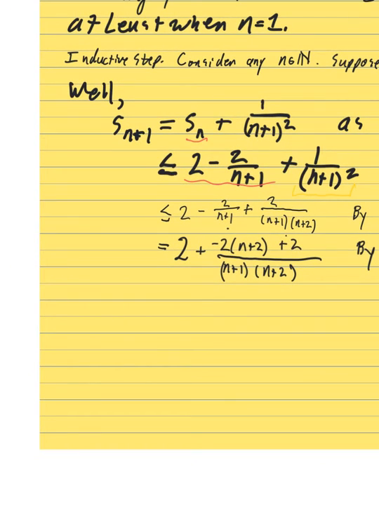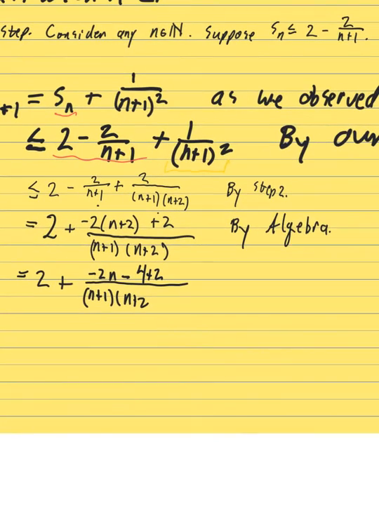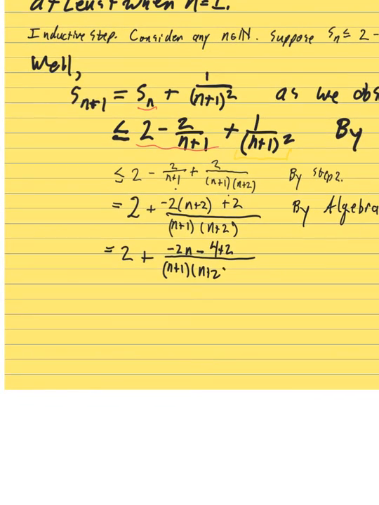All right, well, let's keep on simplifying. That's 2 plus something divided by (n plus 1)(n plus 2): minus 2n minus 2 times 2 is 4, plus 2. Once again, just simplifying more algebra. 2 plus, let's see, negative 4 plus 2 is minus 2.